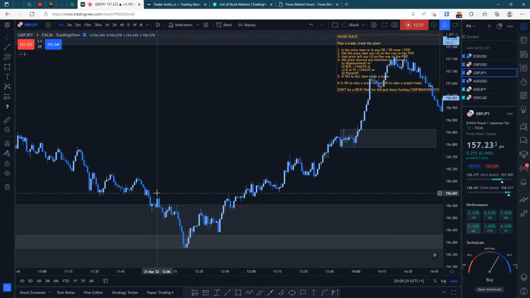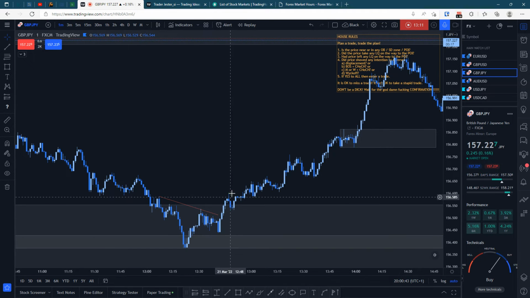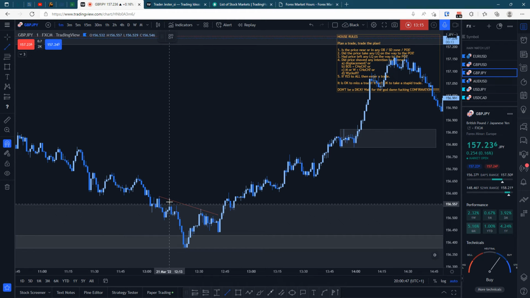Slight pullback, still inducing sellers with a trend line liquidity here. I will just plot it. So this was a trend line liquidity here. And then an impulsive move up that made a change of character. So the change of character happened here. This was the change of character.